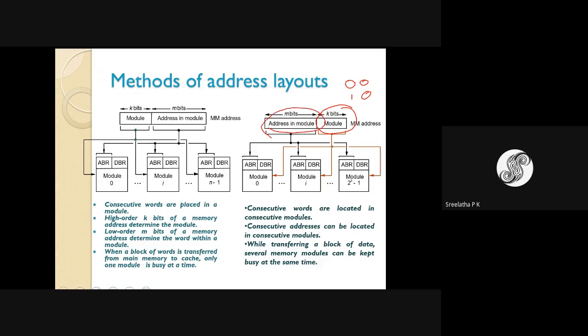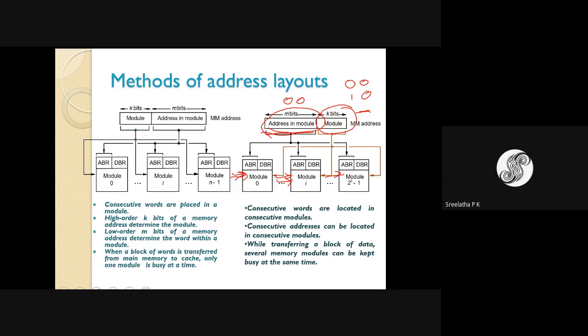If the address is 00, then in module 0, address 00 is accessed. Again in module 1, address 00 is accessed. Module 2, address 00 is accessed. By just changing the lower bits, the same address of different modules is accessed.